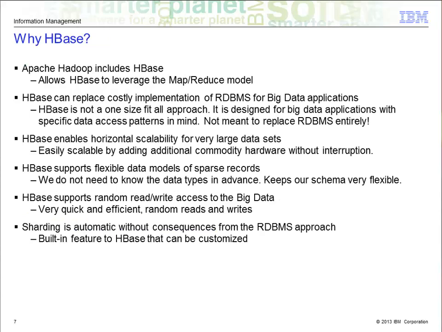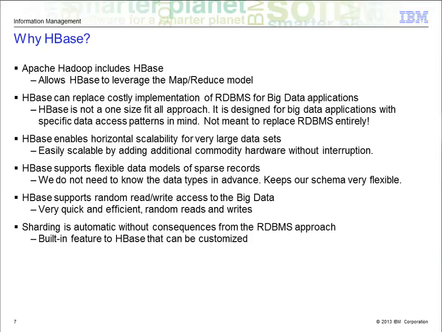Why HBase? Up until this point, you have seen some of the background information on HBase. You have a basic idea of what HBase is, but why HBase? What makes HBase so different and unique where you would want to use it? Well, first of all, Apache Hadoop includes HBase, so when you're dealing with big data, it comes in really handy.